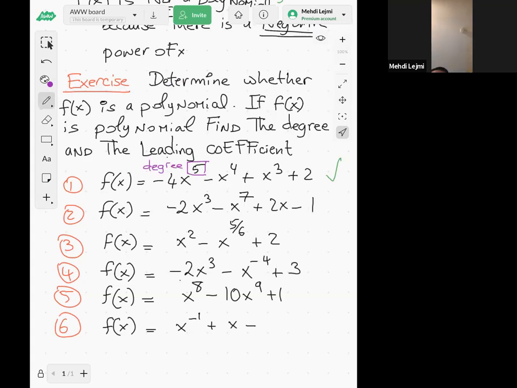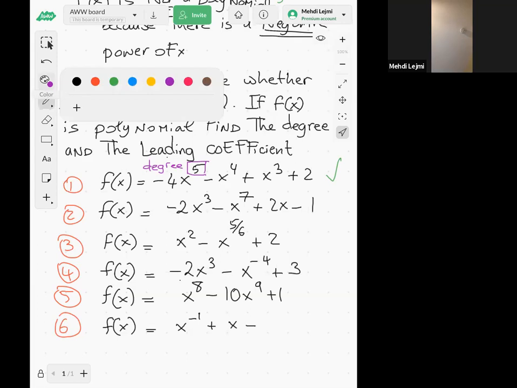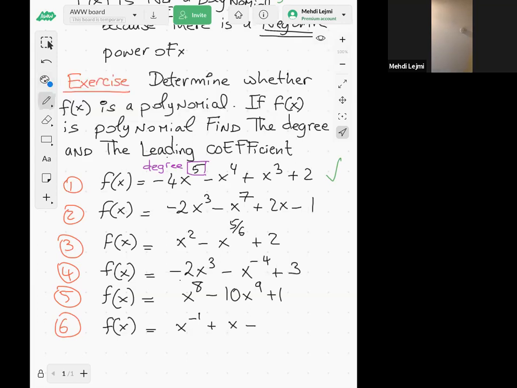And now what will be the leading coefficient? Remember, guys, the leading coefficient is the number in front of the highest power of x. The highest power of x is 5, and the leading coefficient would be the -4. So this -4 here is my leading coefficient.